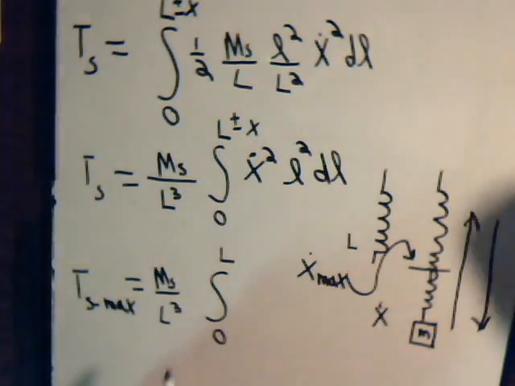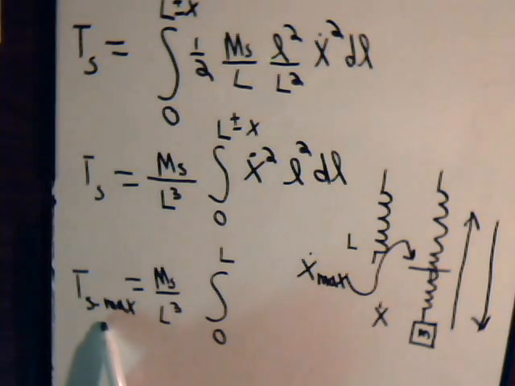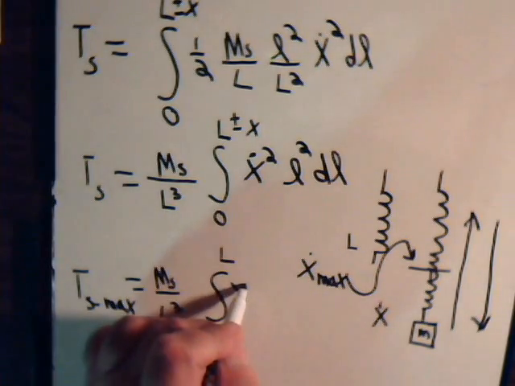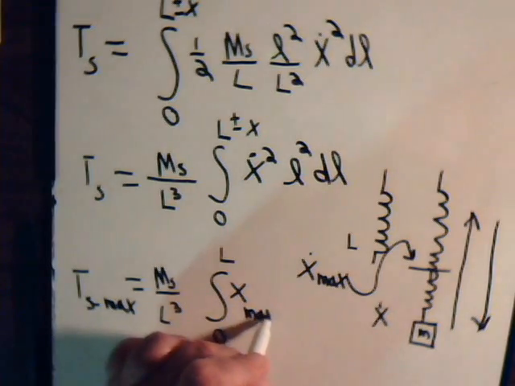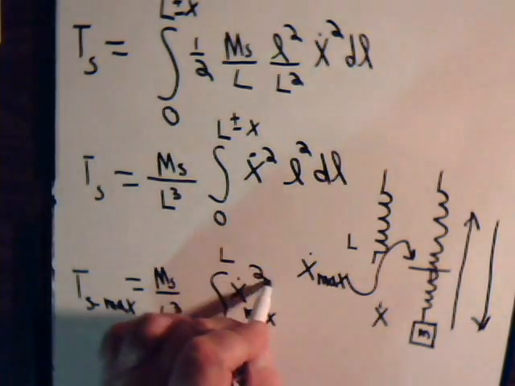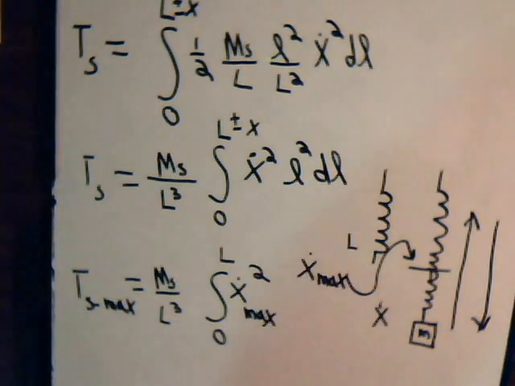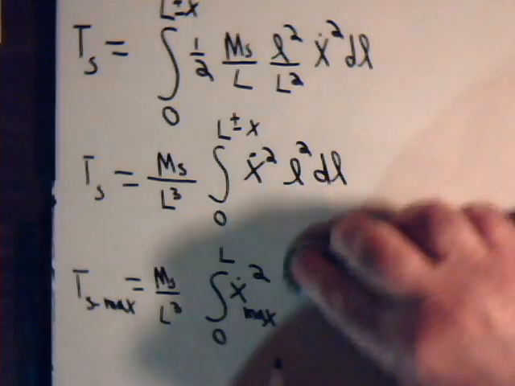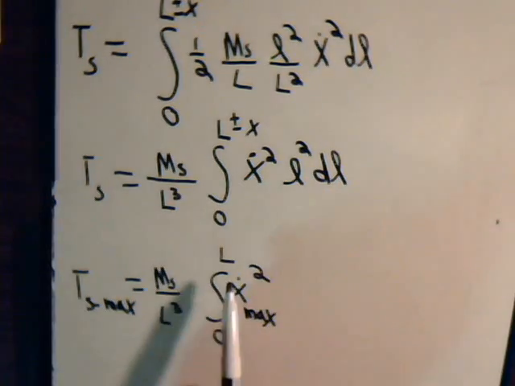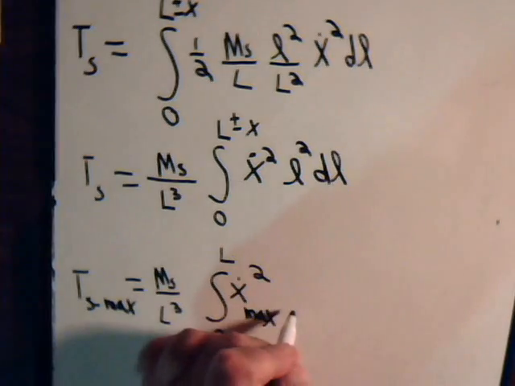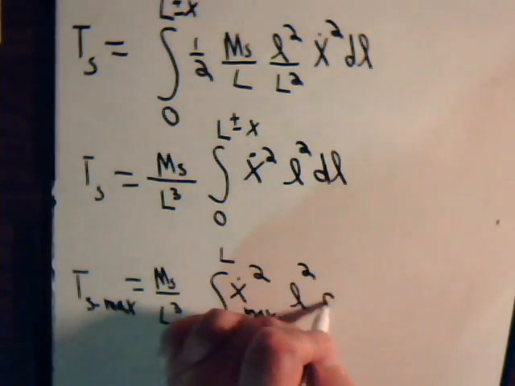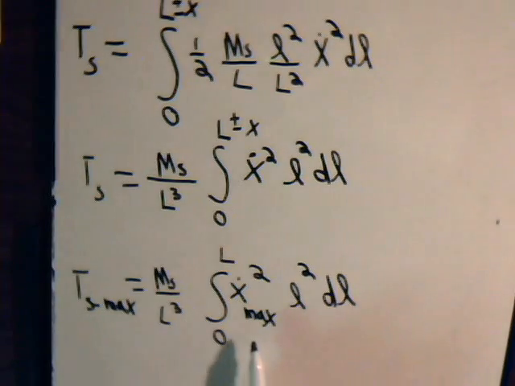Right now we'll just say this: the maximum kinetic energy of the spring will equal x maximum dot squared, L squared dl. And that occurs when the length of the spring is its natural length, capital L. You have L squared dl, and this maximum velocity for the block that's attached to the spring is just some number. So we can take this number to the outside of the integral.